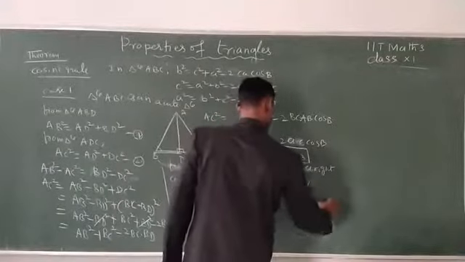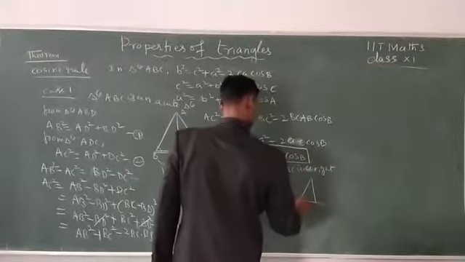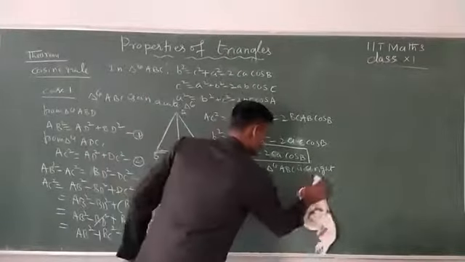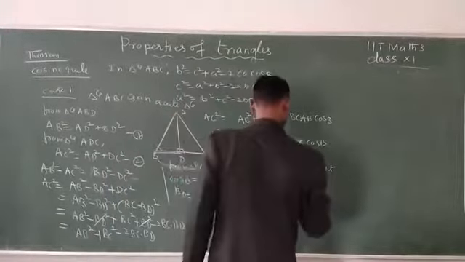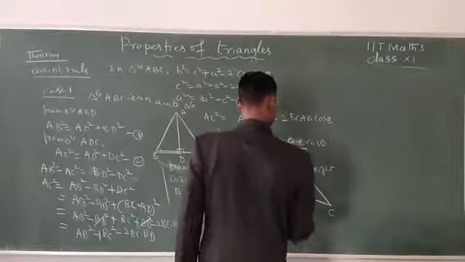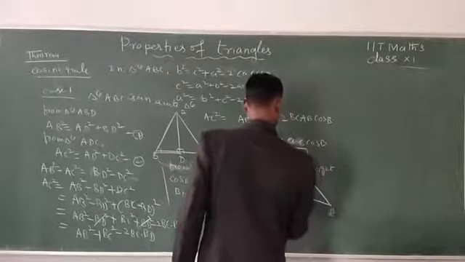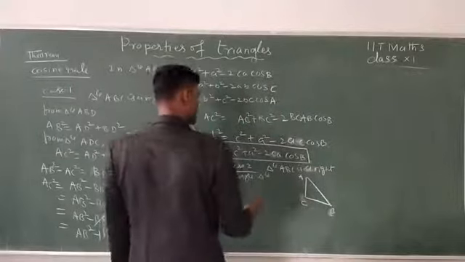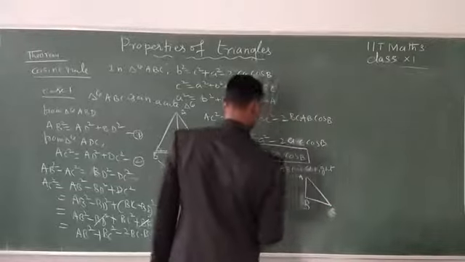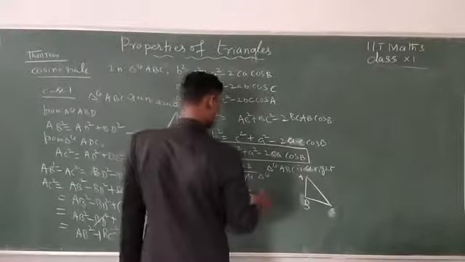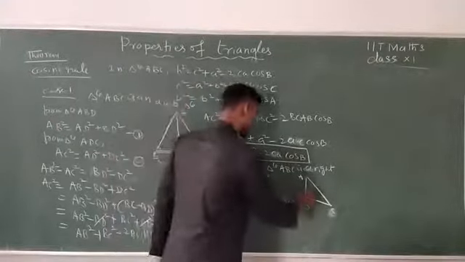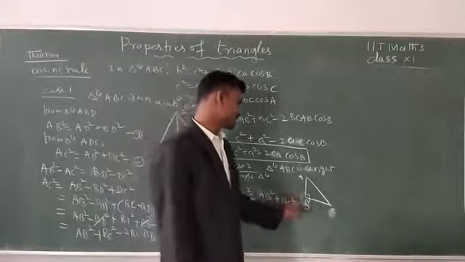See here, ABC, with a right angle at B. Now AC square is equal to AB square plus BC square. This is a right angle triangle at B, so hypotenuse square is equal to AB square plus BC square.